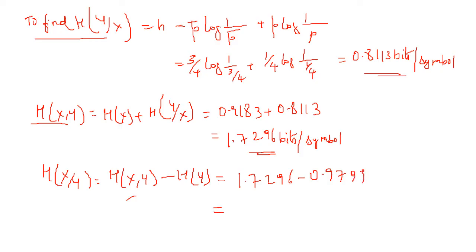So after subtracting this, you are going to get H(X/Y) equal to 0.7497 bits per symbol.